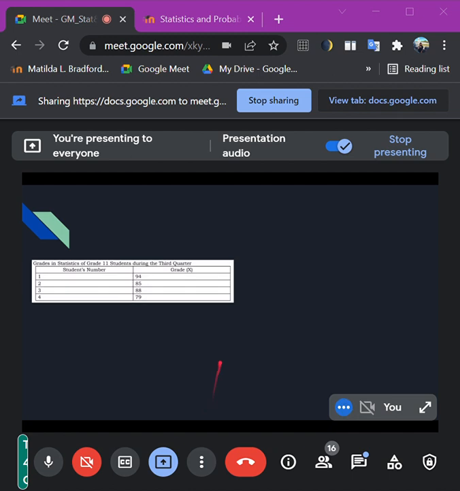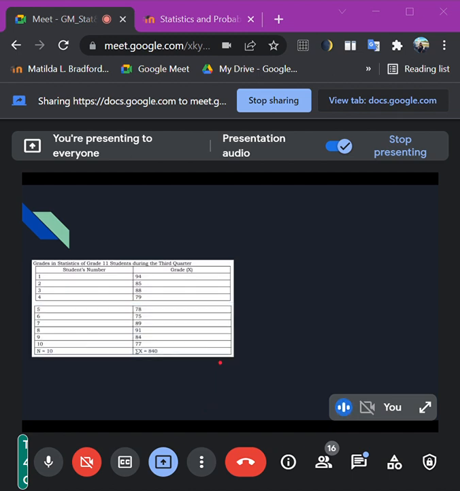So we will use again the grade 11 grades. You have students number 1 to 10 and their grades: 94, 85, 88, 79, 78, 75, 89, 91, 84, 77. So that is our X, which is our population.